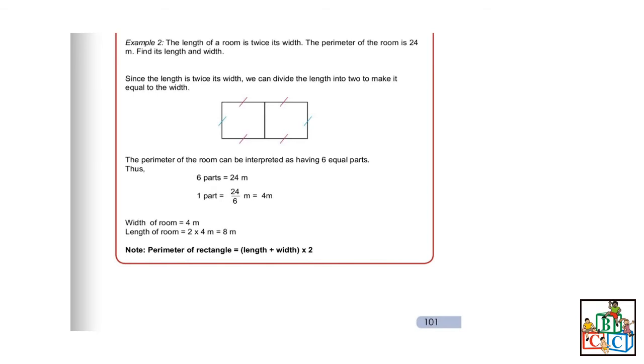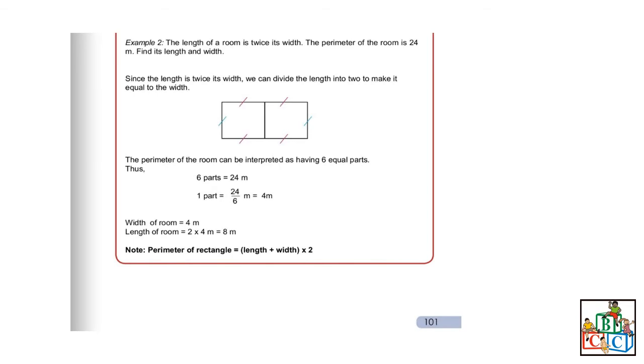That is, the width, for example, is 2 meters. The length will be 2 times 2, 4. Now since the length is twice its width, we can divide the length into 2 to make it equal to the width. If the perimeter of the room is 24 meters, what are we going to do?